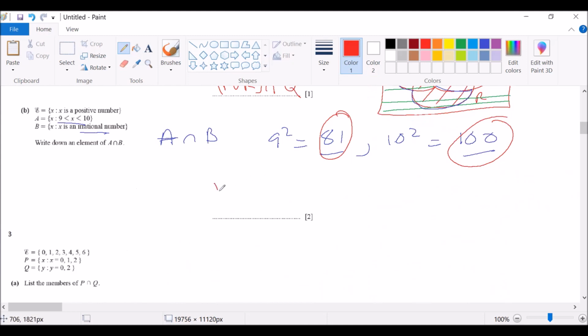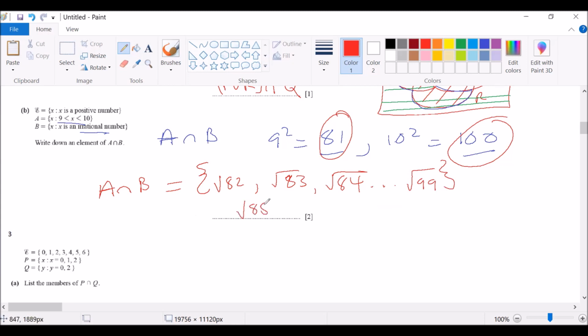So we have root 82, root 83, root 84, on and on until root 99. So A intersection B is this set, and we can pick any of these. I'll just pick the square root of 85.